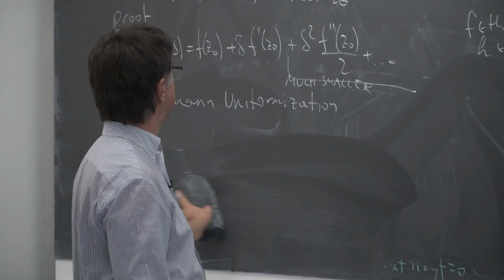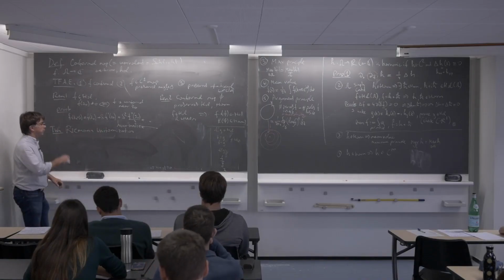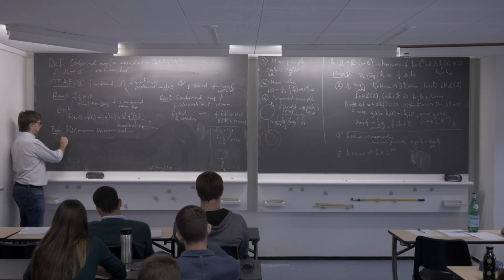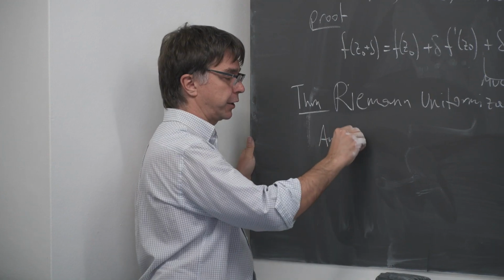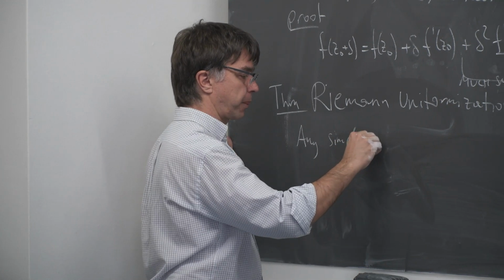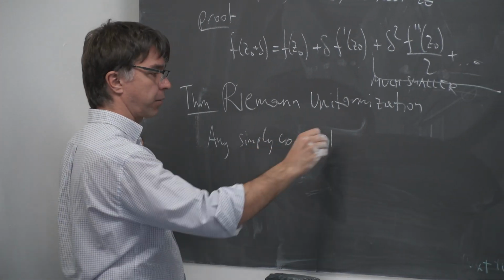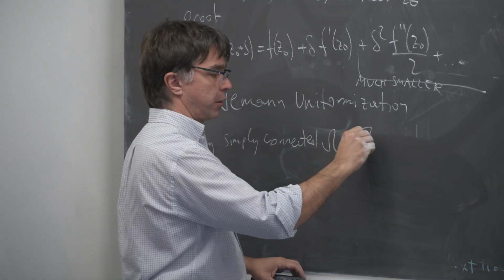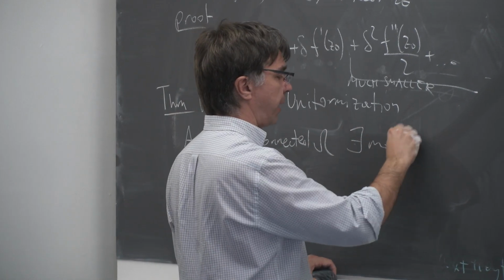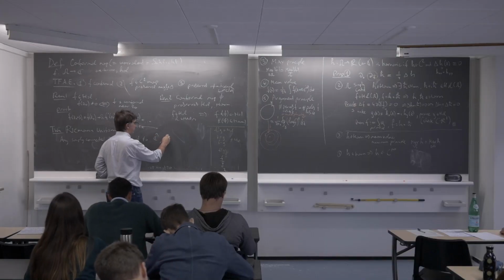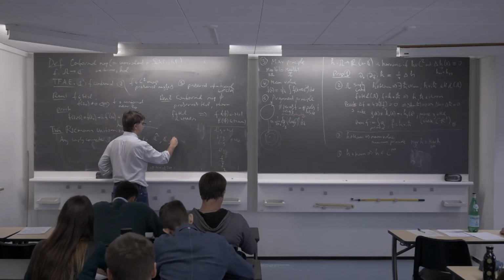So the most important theorem in complex analysis, the Riemann uniformization theorem, says that for any simply connected omega, there is a map phi to either a complex sphere, or the complex plane, or the unit disk.